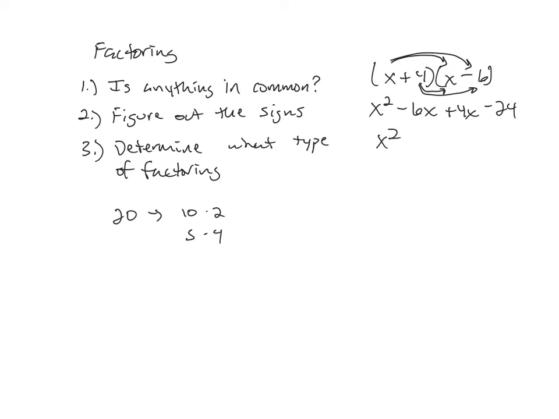And we combine these two things in the middle, negative 6x, positive 4x would be negative 2x minus 24. So this over here is a much more complicated version of saying 10 times 2 is 20. X plus 4 times x minus 6 is x squared minus 2x minus 24. So what we're going to be doing is figuring out, this would be the problem, and this would be the answer.